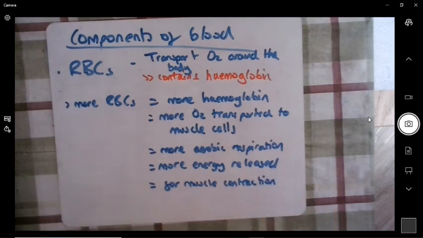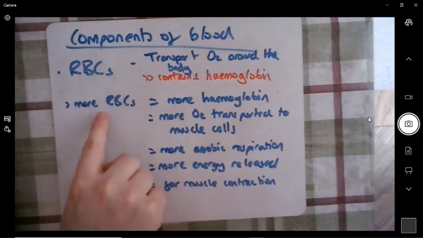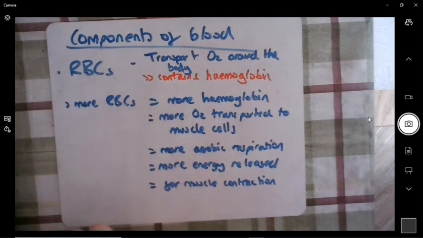So why does a sports star train at high altitudes? Their body produces more red blood cells to combat the lack of oxygen in the air, which means they have more hemoglobin when they return down to low altitudes. So they're able to transport more oxygen per second to those muscle cells, more aerobic respiration, more energy release, more muscle contractions. The athlete wins the race.